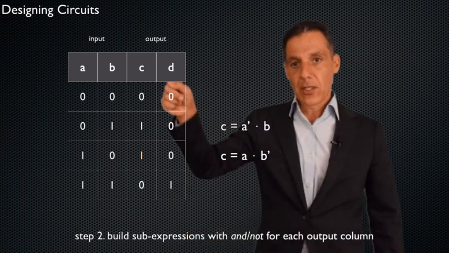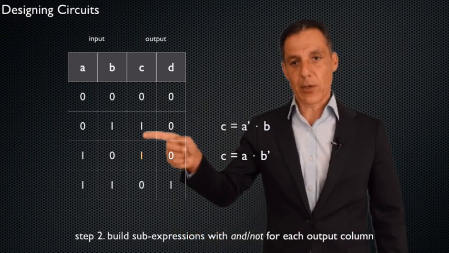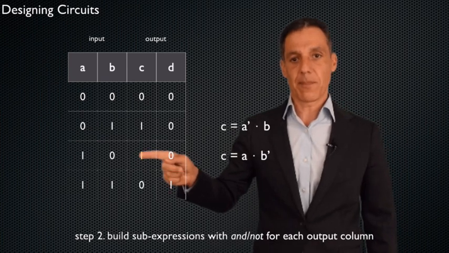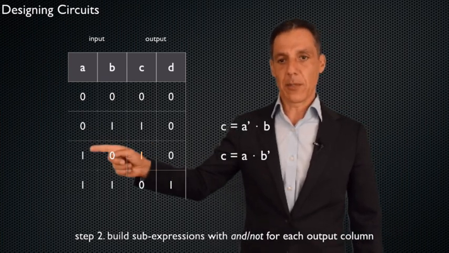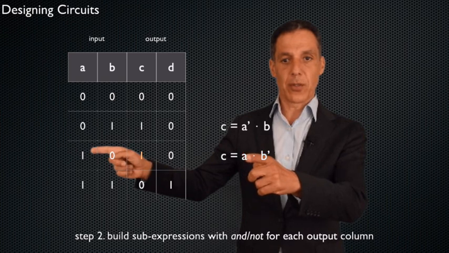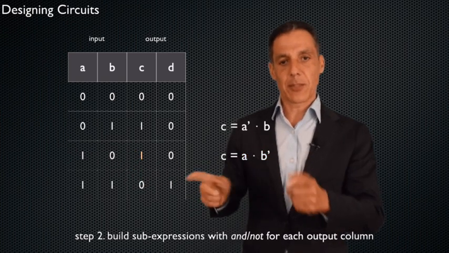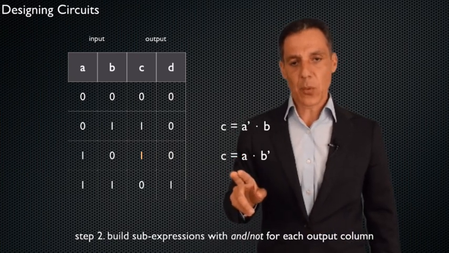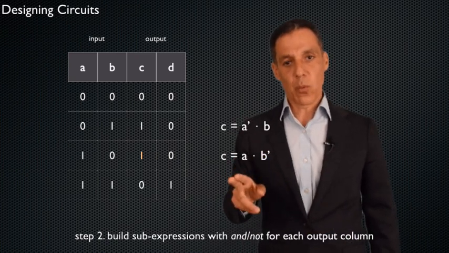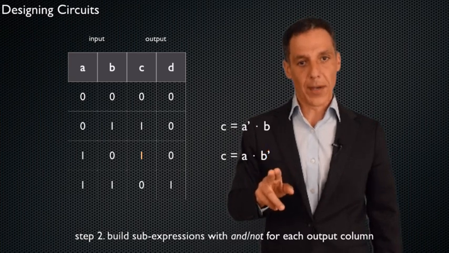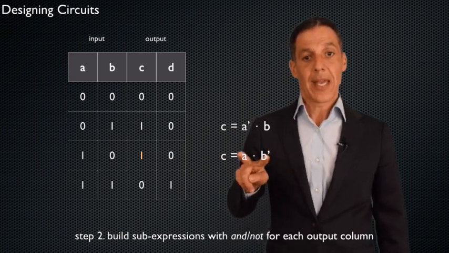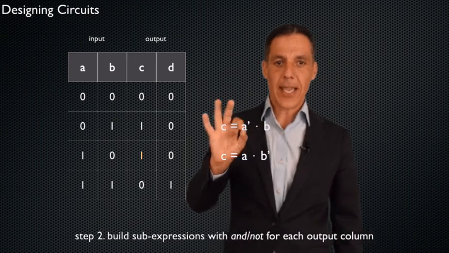So now, again, we're going to go down C. We've already captured that one sub-expression. Let's capture this sub-expression. So now we go back to the input. A is 1, so we just bring over A. B is 0, so we NOT it. Again, let's make sure we understand that. When A is 1 and B is 0, I get 1 AND 1, so I get C equal to 1. And notice again, it's the nature of AND.